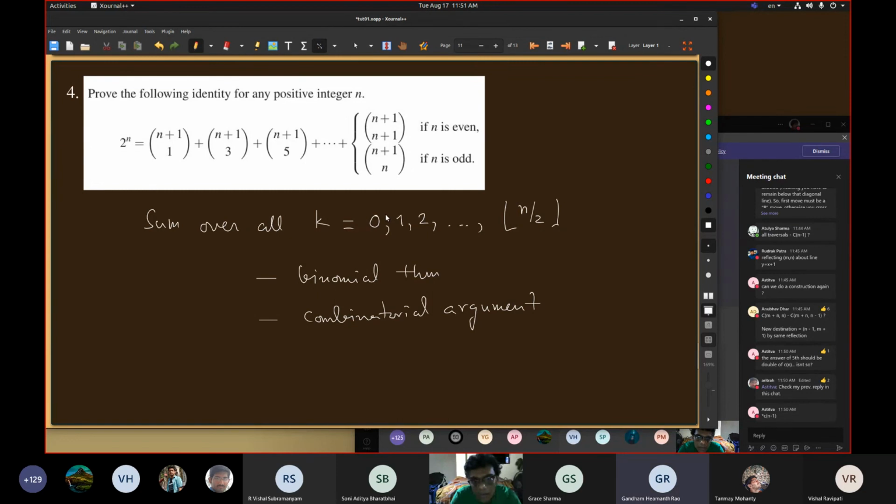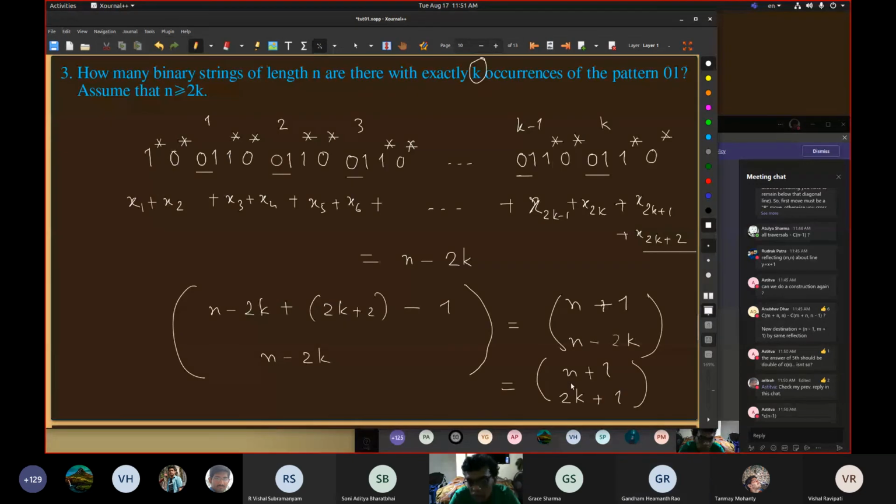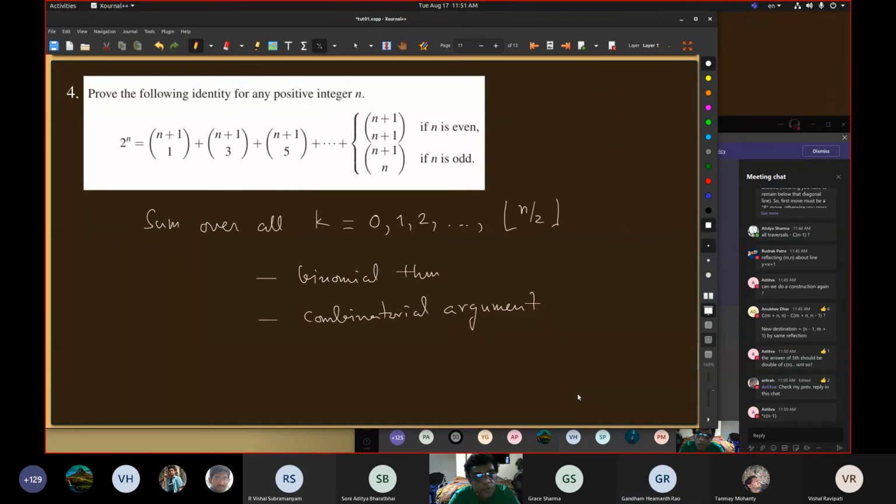Yes, sir. And I know for each k, the exact count is n plus 1 choose 2k plus 1. This is what we have derived. So put k equal to 0, it will be n plus 1 choose 1. Put k equal to 1, it will be n plus 1 choose 3. So that explains the right side. And the left side is the count of all possible strings of length n over the alphabet 0, 1.